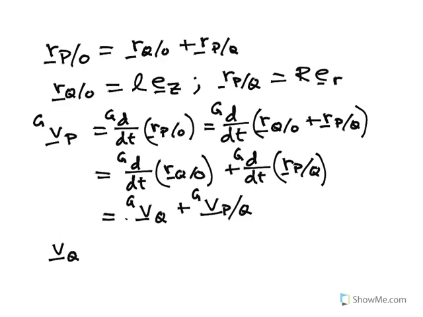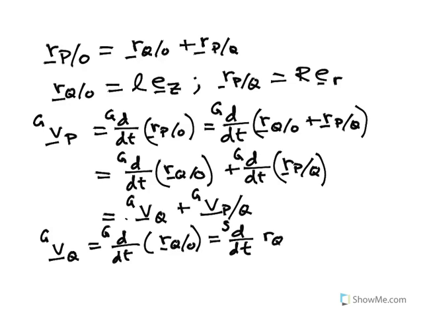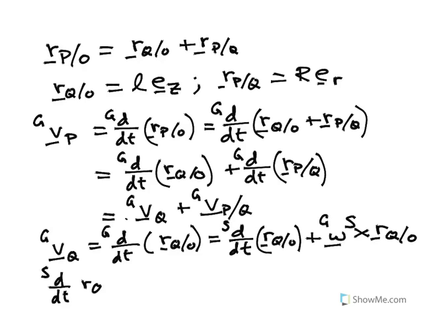The velocity of Q in G, because it's equal to d dt in G of the position of Q relative to O, is going to equal d dt in S of the position of Q relative to O plus the angular velocity of S in G crossed with the position of Q relative to O. d dt in S of the position of Q relative to O is equal to 0 because the distance L is constant and EZ is fixed in the shaft.